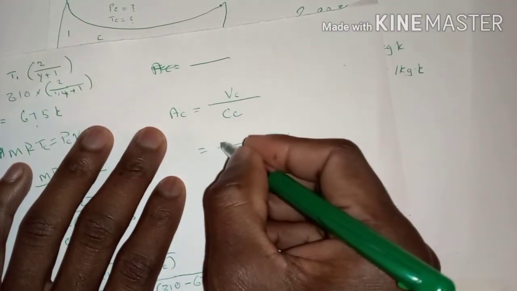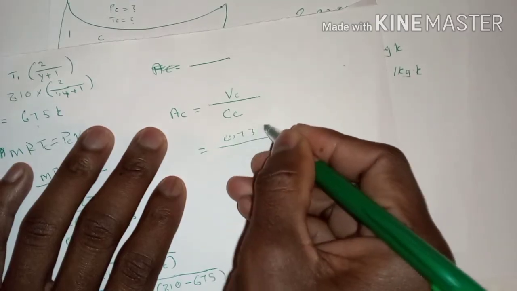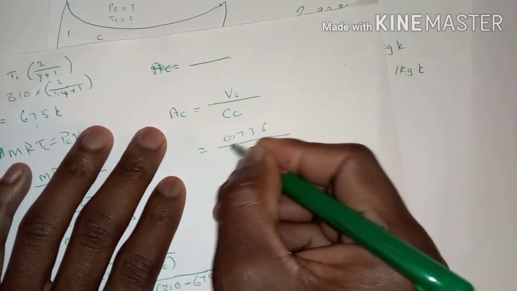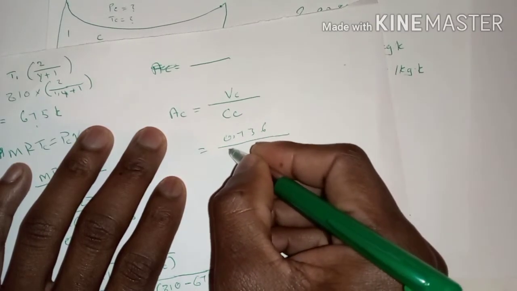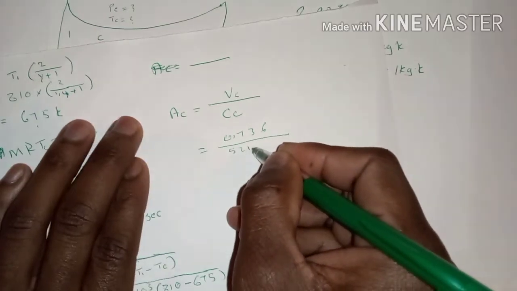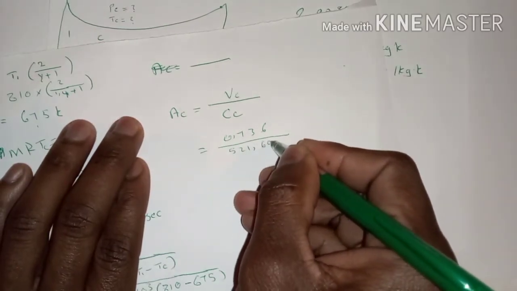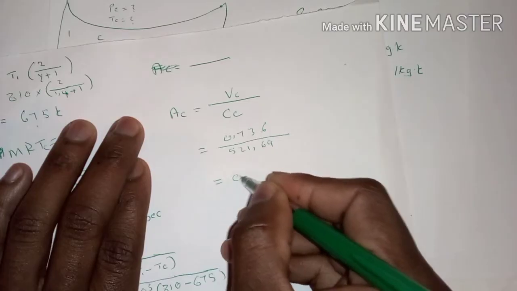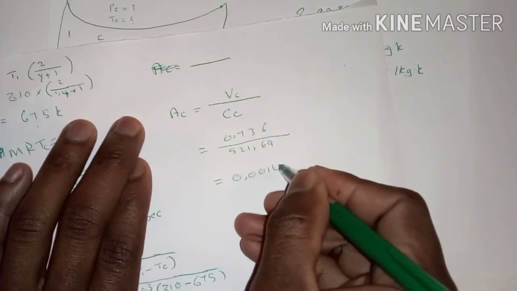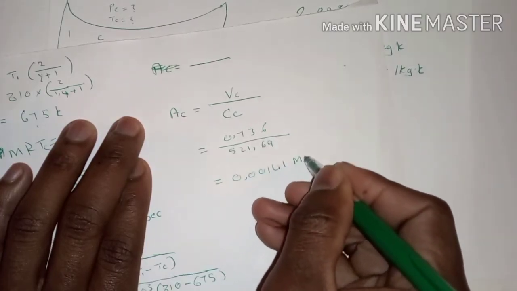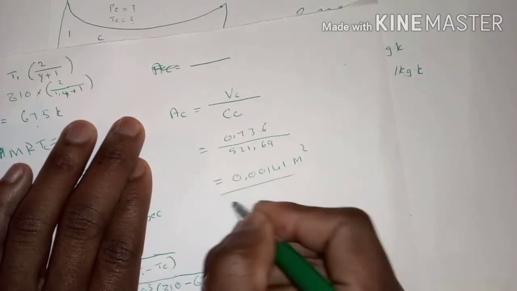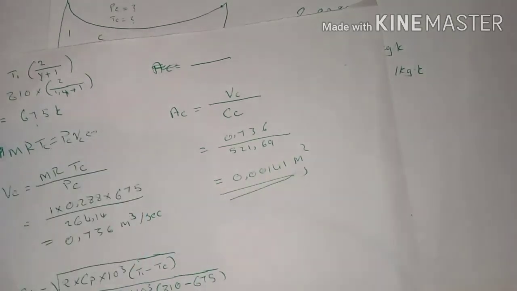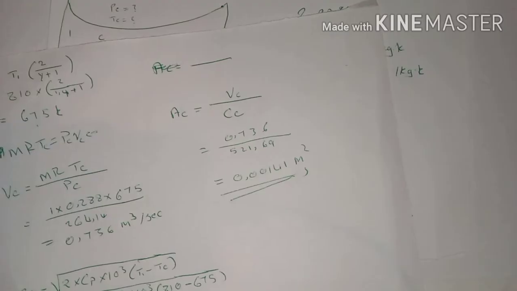Our volume is what? 0.736 divided by 521.69, which would give us 0.00141 meter squared. And that's how we get the first part of the question.